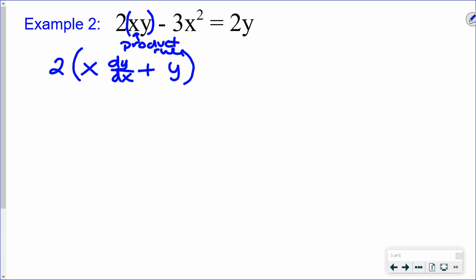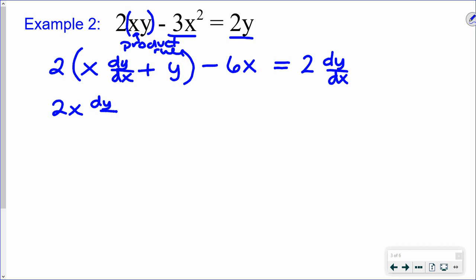Okay, now I'm going to go to my next term. So minus 6x, okay, equals derivative of 2y is 2 times dy over dx. Okay, now I'm going to distribute my 2 to get rid of the parentheses, and then we'll start moving our terms.